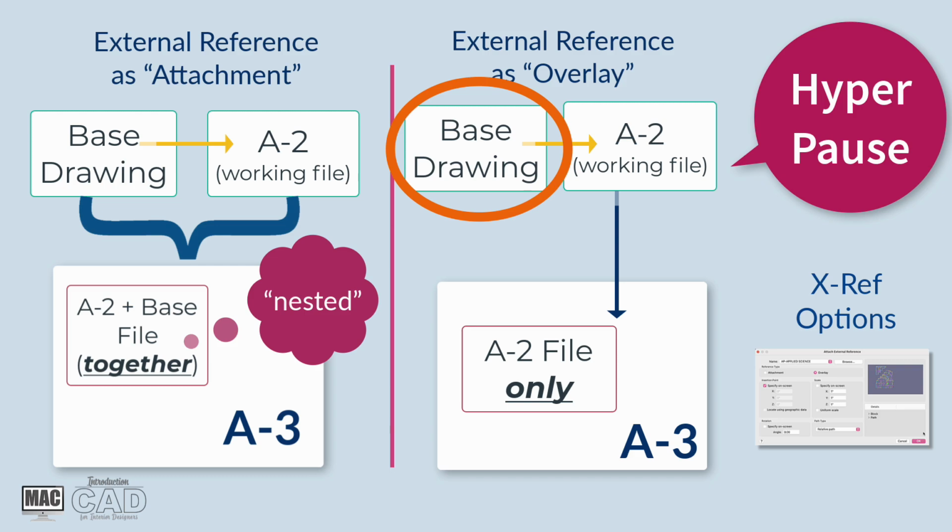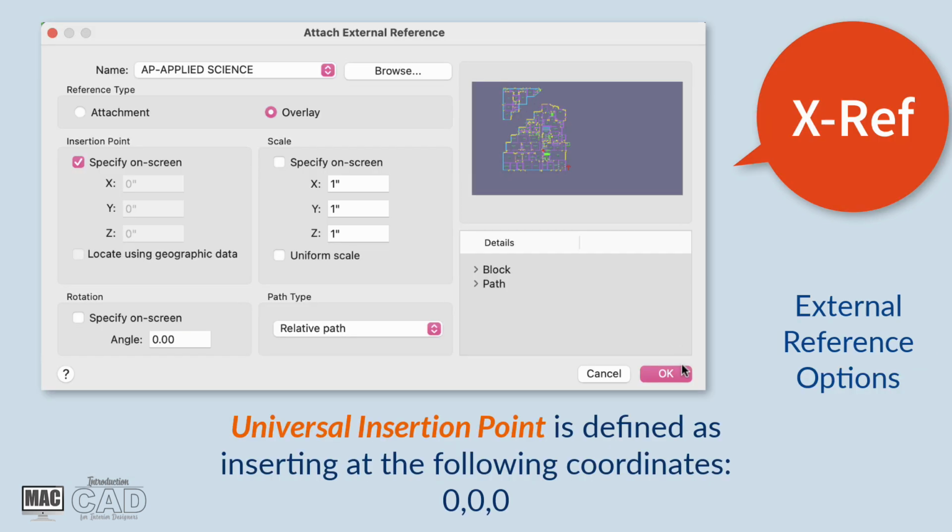The next item to consider in the Xref dialog box is the insertion point. This means where the inserted drawing will be located within the Cartesian coordinate system that AutoCAD uses to define spatial relationships. With no exceptions, all externally referenced files must be inserted using the universal insertion point, which is defined at coordinates 0, 0, 0.